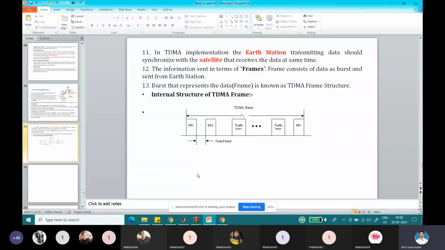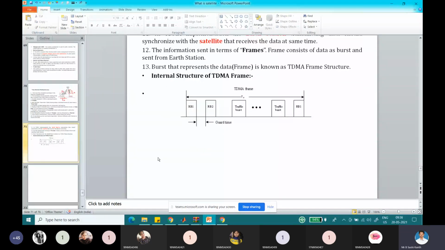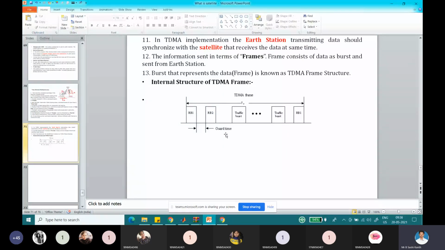You can see the structure clearly here. I am showing the internal structure of the TDMA frame which we are having now. There are different things that are present.